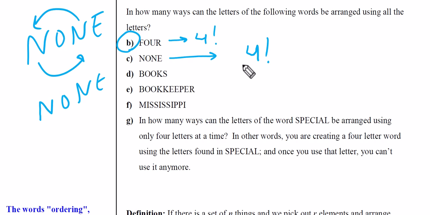So here's what we do. How many repeats do I have? I have 2 n's. So I divide by the repeats.